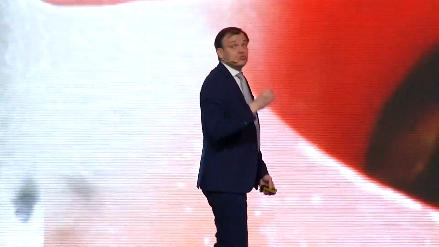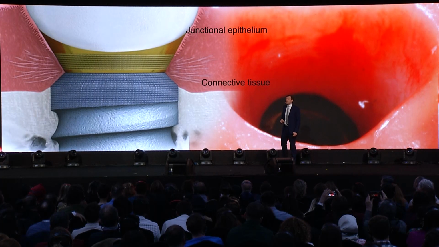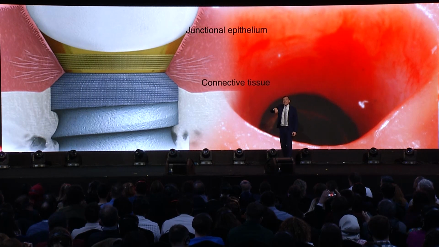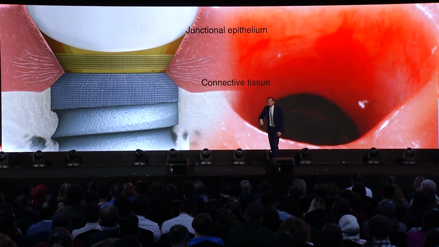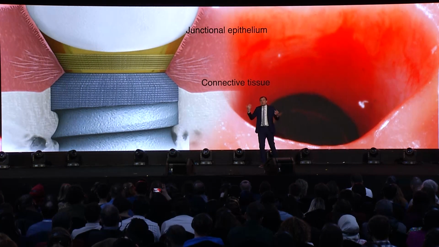That's why to make a glazed restoration is the worst you can do for your implant. Even if you have thick tissues vertically, if the restoration is glazed and it's connected to the implant, it means that epithelium will not attach to that surface, fibroblast will not attach to the surface, and you will have the pocket.